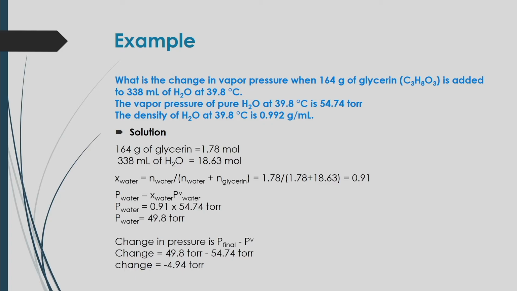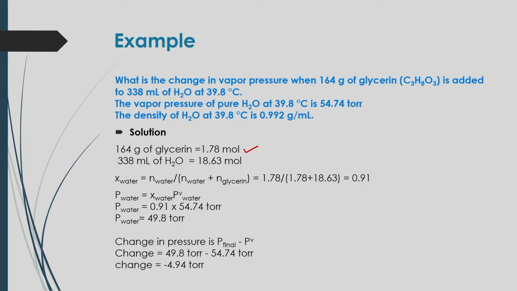First of all, you have to calculate the moles of glycerin. The moles of glycerin can be calculated by the amount of glycerin added divided by its molecular weight, so simply you get 1.78 mole.